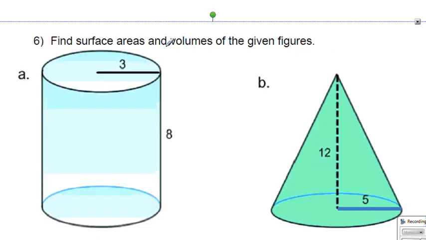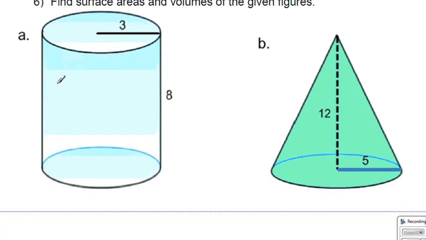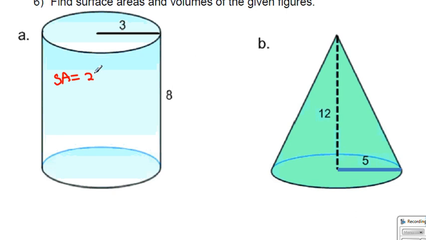Number 6. Find the surface area and then the volume. So let's go for A. How do you find the surface area? It's 2 pi r squared, which means 3 squared, plus 2 pi r, which is 3, times 8, the height.